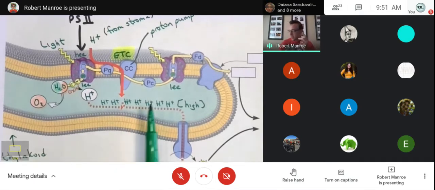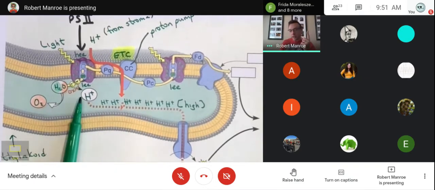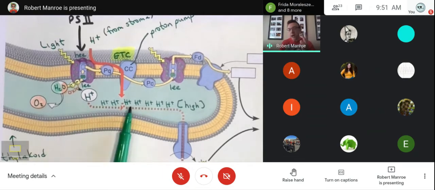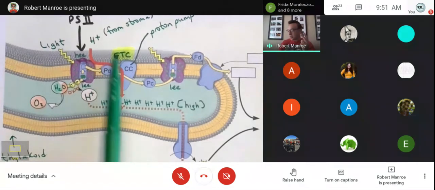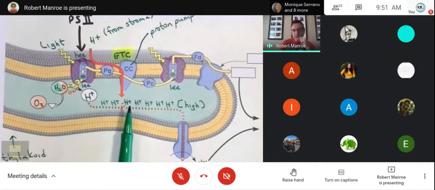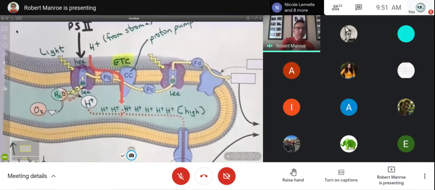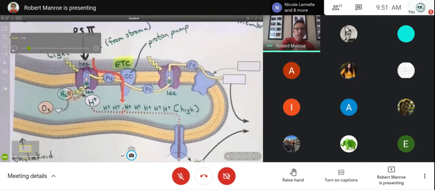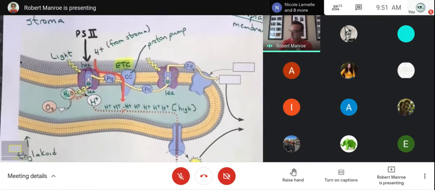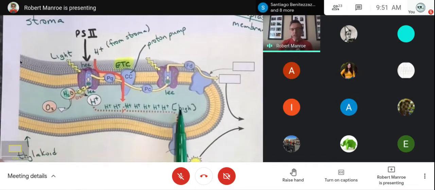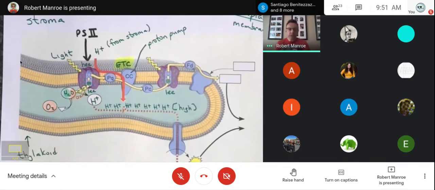The protons that are here originally come from the water, or they're pumped in as a result of the electron transport chain. So the whole point of photosystem 2 is to create this high concentration of protons.